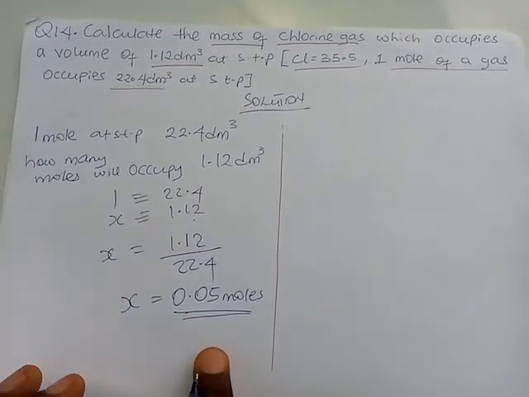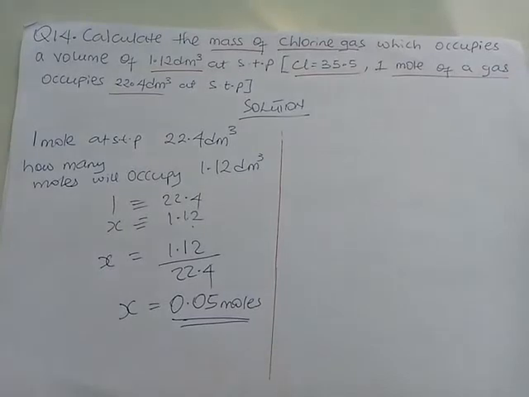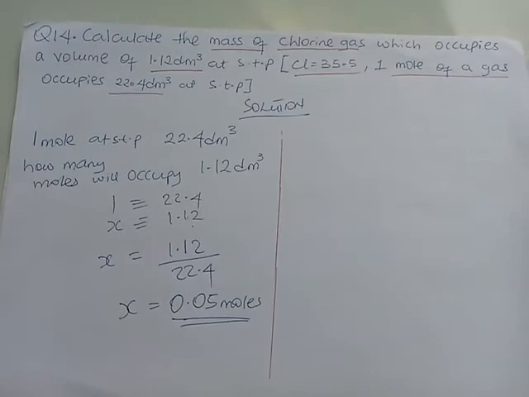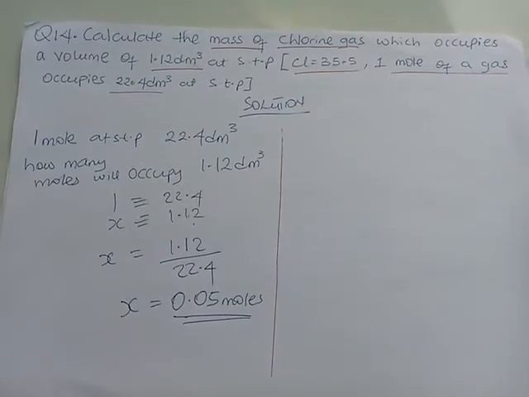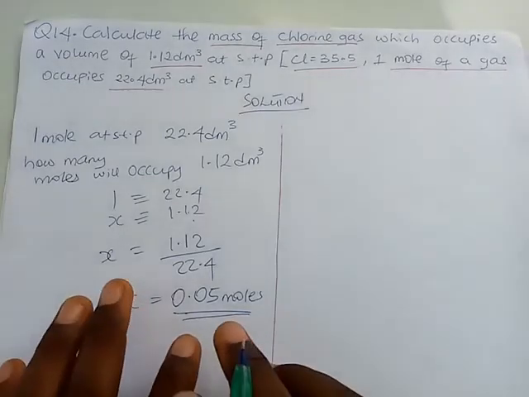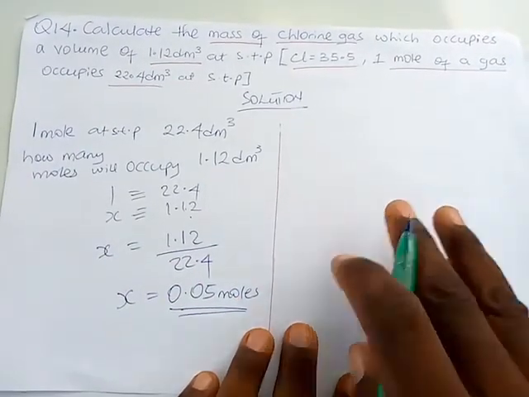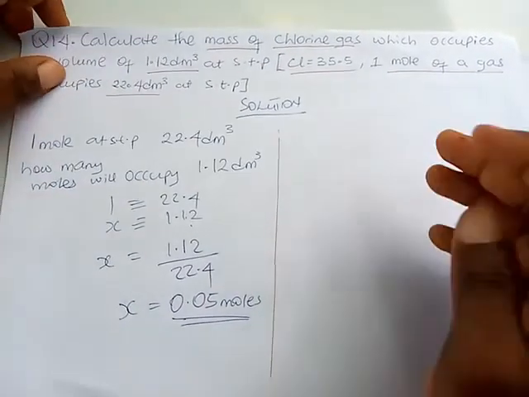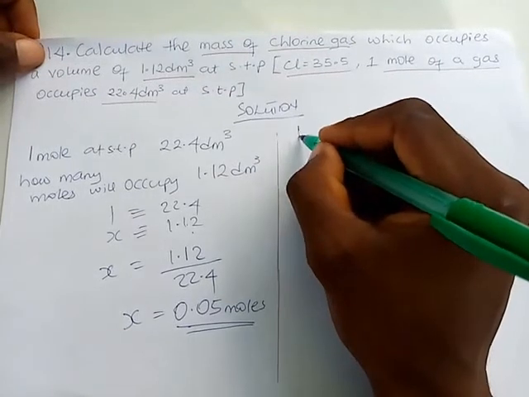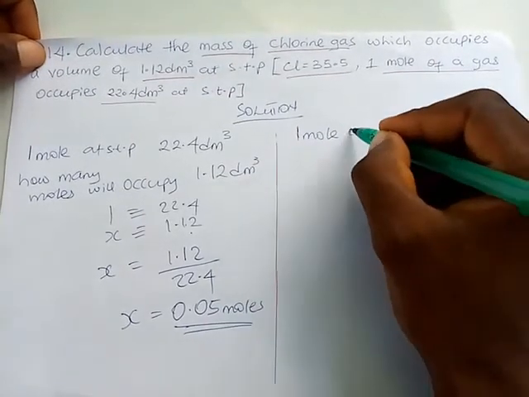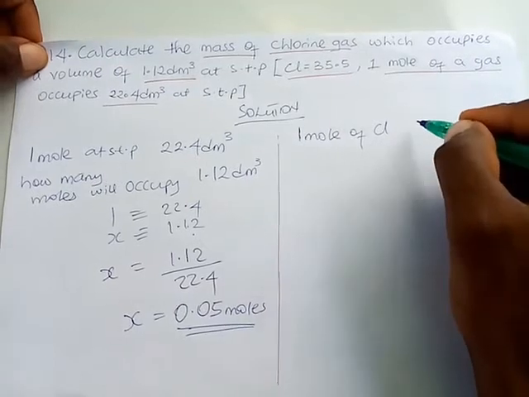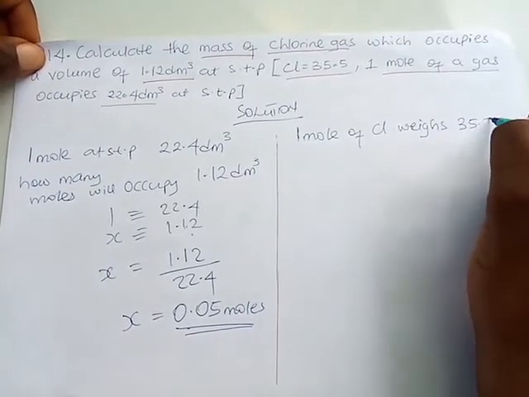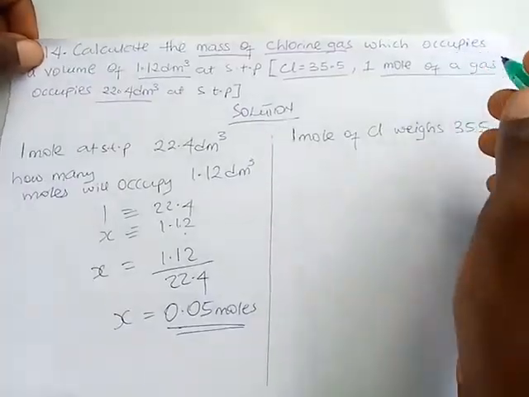Now when we have this, we already have obtained moles. Then we know that there is a relationship between moles, mass, and the molar mass. And that is what we are going to go into now. For this particular question, method 2 is not here, so I'm going to continue using the first method on this page. So we know that 1 mole of chlorine gas weighs 35.5. That is the molar mass.